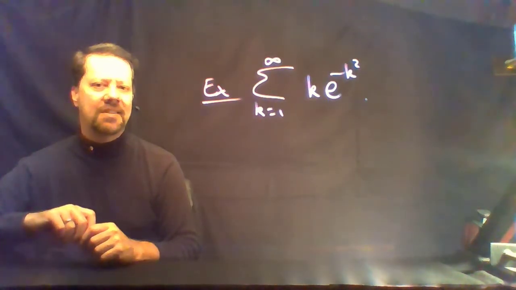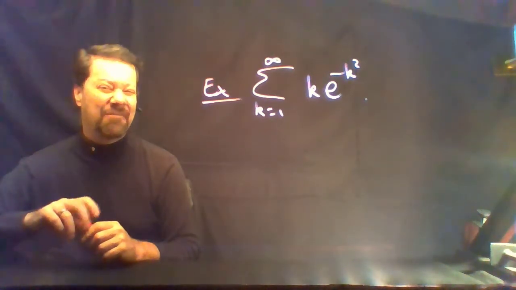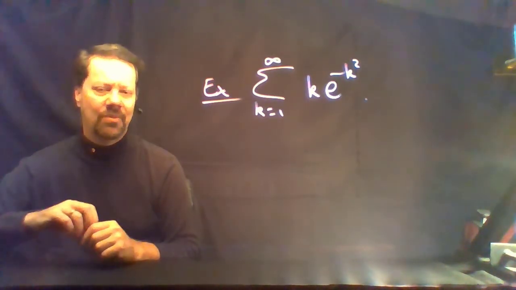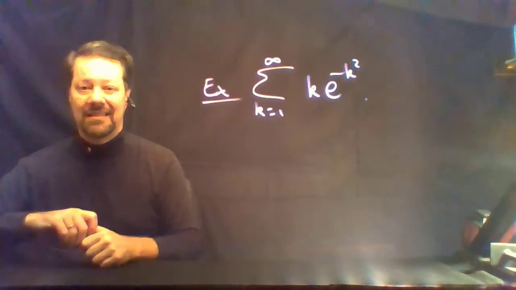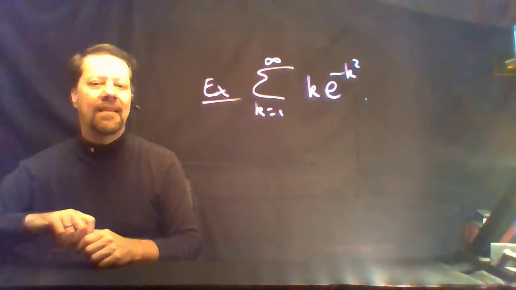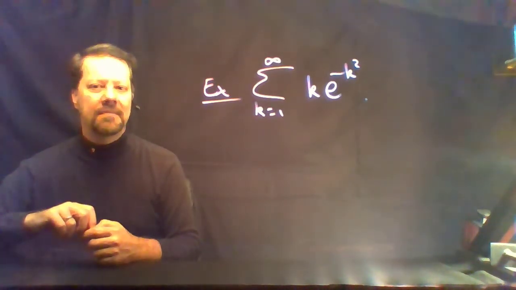What is the right test? Looks like the ratio test would be kind of messy. The root test won't help because you'll have the kth root of k, which is nasty. It looks like the best test here would be the integral test.